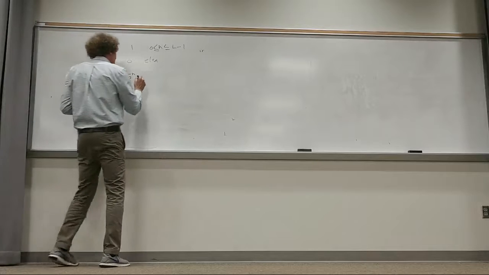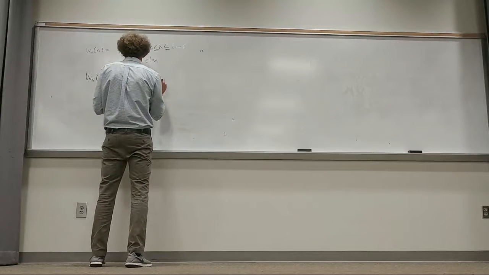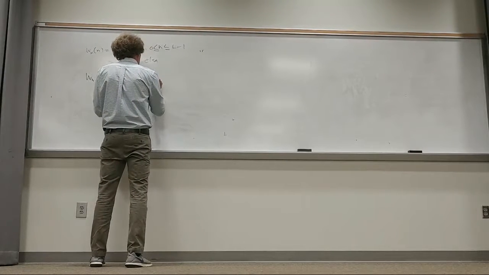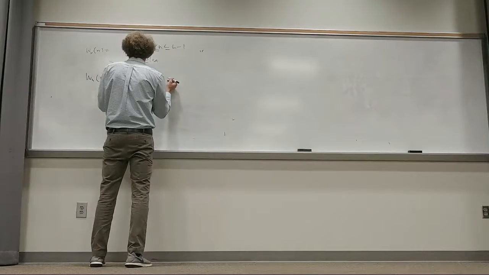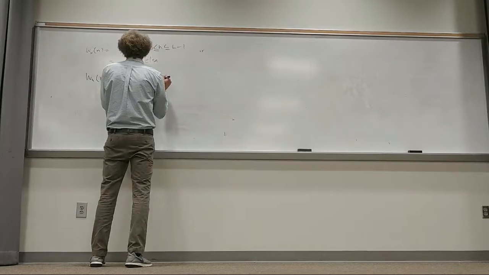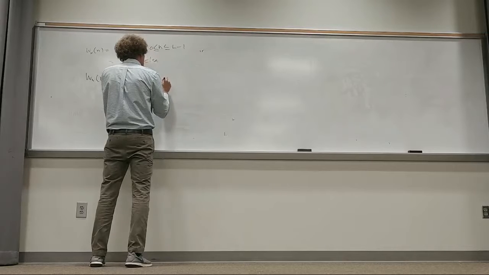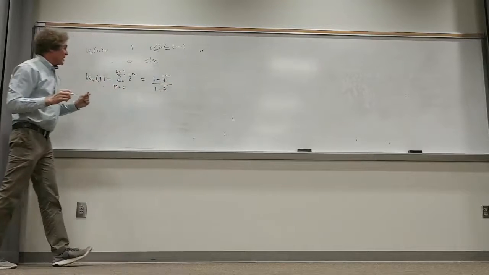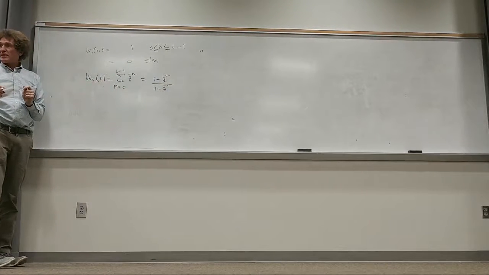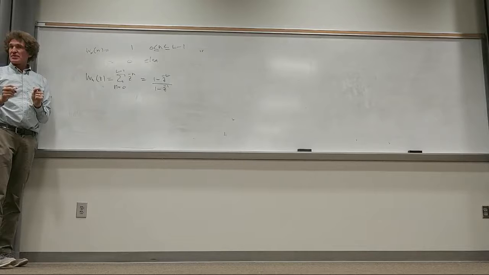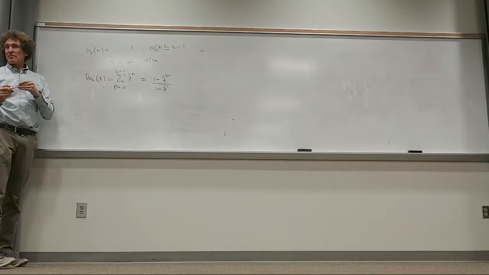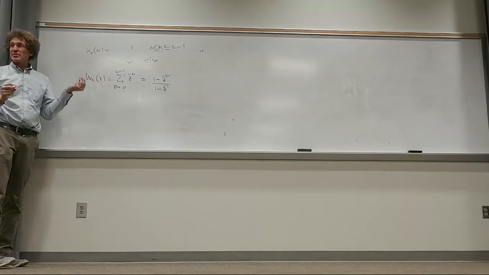When you look at this, remember from last time, this is going to be equal to 1 minus Z to the minus L over 1 minus Z to the minus 1. Do y'all remember how to do that, guys? This is that standard thing where we had a series solution, right?